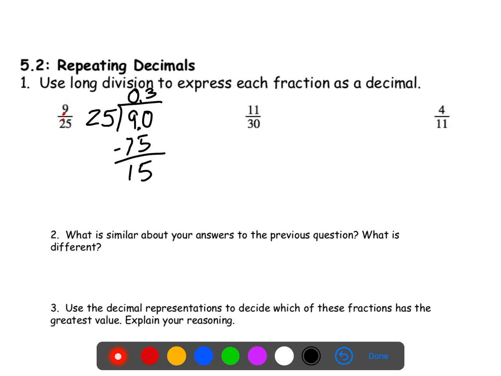Since there's still a remainder, I can add another 0, bring that down. And how many 25s can I take out of 150? The answer to that would be 6. 6 25s is exactly 150, which leaves nothing left. And I have turned 9 25ths into its equivalent decimal, 36 hundredths.